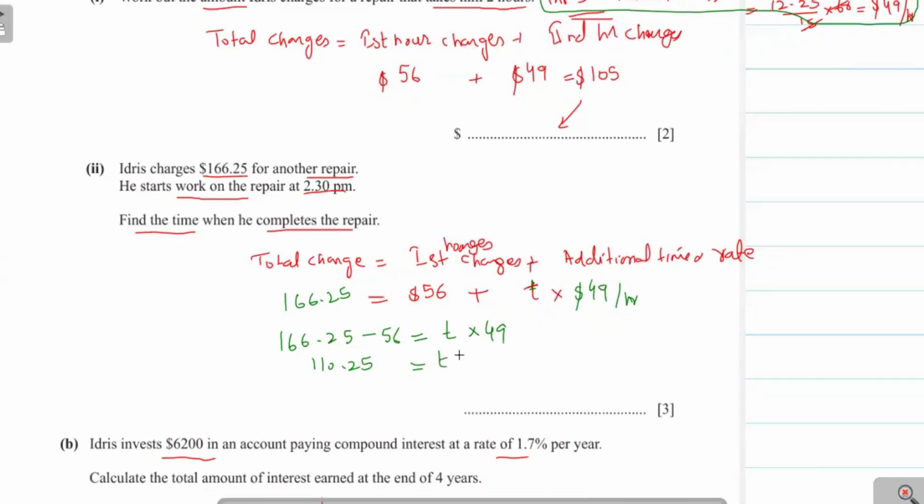and this will be equal to 110.25 equals t times 49, and therefore t will be equal to 110.25 divided by 49, and this will be equal to 2.25 hours. The total time to complete the repair will be equal to 1 hour, this is the 1 hour, plus this time t, 2.25 hours, and this will be equal to 3.25 hours.